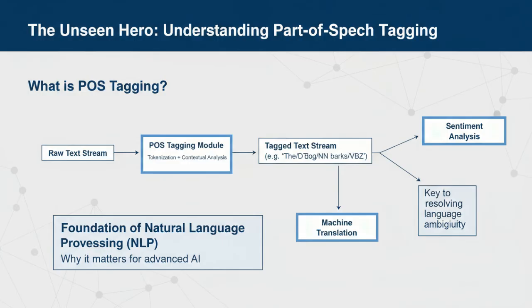We'll explore what it is, why it's so important for various downstream NLP tasks, and how it continues to evolve. Think of it as teaching a computer the basic grammar rules of a language, a critical first step for any deeper linguistic analysis. This deep dive will illustrate why POS tagging is truly a foundational element in building intelligent language systems.